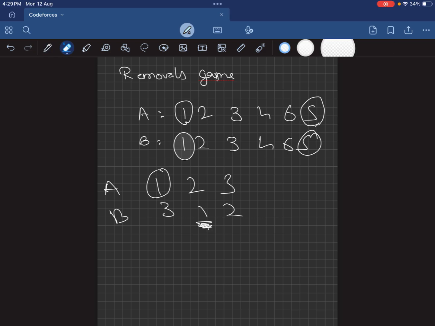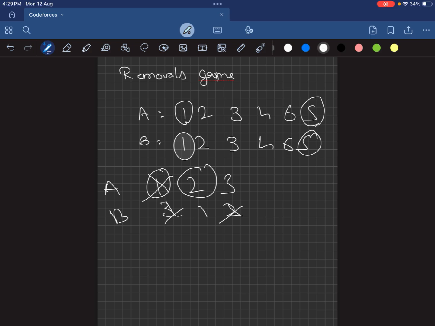Since 1 is at the center, Bob cannot delete the 1, so Bob has to delete something other than 1. So if Alice deletes 1, then Bob will have to delete either 2 or 3.